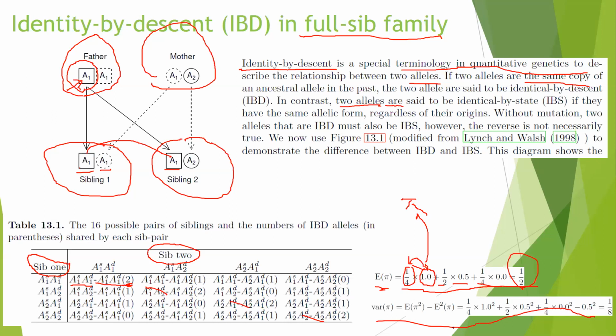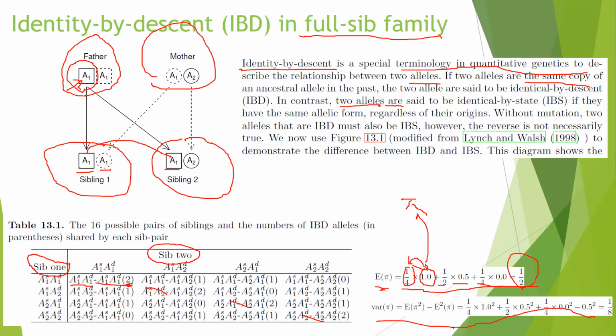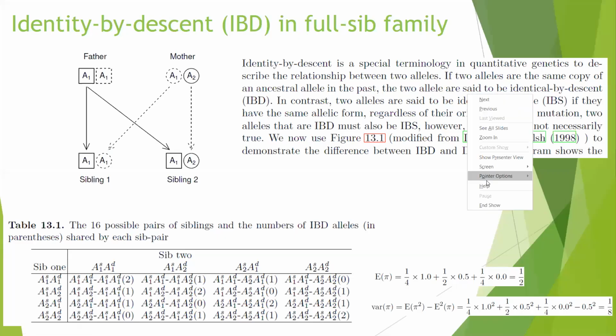All right, questions? Where does the 0.5 come from for expected IBD? You mean this 0.5?